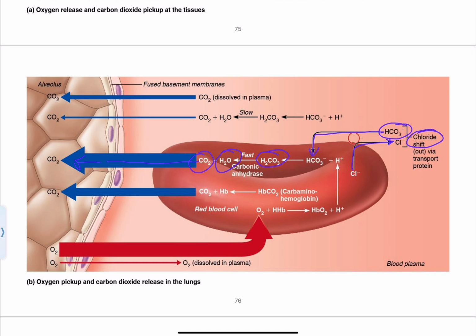If we're talking about our carbaminohemoglobin, carbon dioxide will dissociate from the hemoglobin molecule because it's losing its affinity for it, and be able to diffuse out into our alveoli. And then the carbon dioxide that we had dissolved in our blood plasma can just directly diffuse out into the alveoli itself.